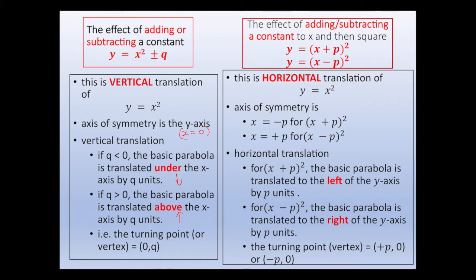So for x plus p squared, the basic parabola is translated to the left of the y-axis by p units. For x minus p all squared, the basic parabola is translated to the right of the y-axis by p units. And therefore, you can see that the turning point is plus p, 0 or minus p, 0.